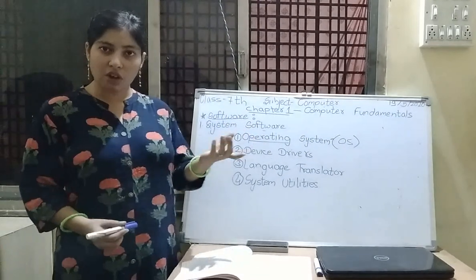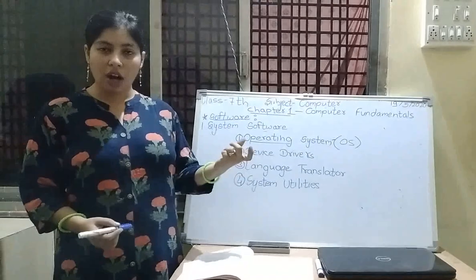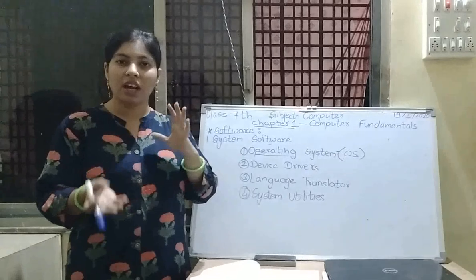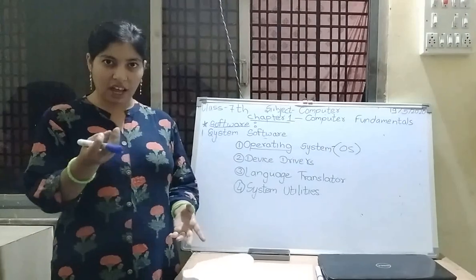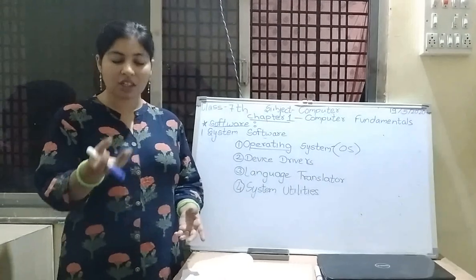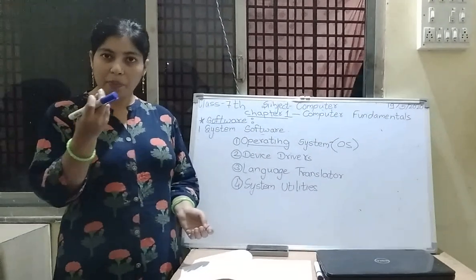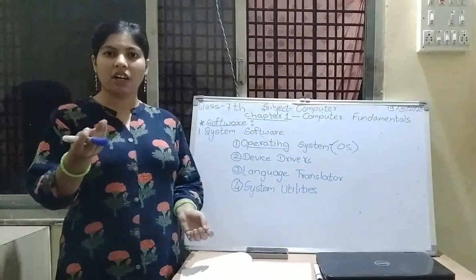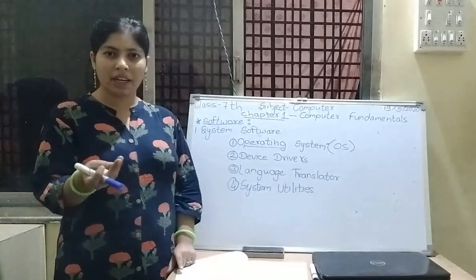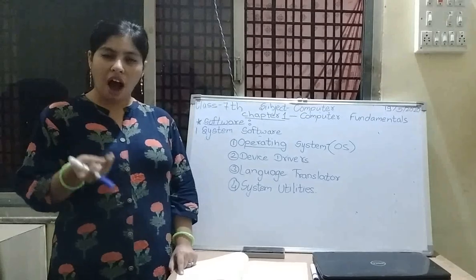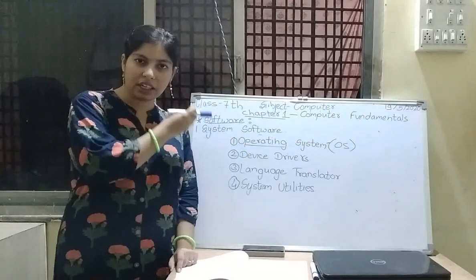If it is installed on our computer, on our machine, then only other software like small applications, Microsoft applications, paint, our QBasic programming, such different applications run on the operating system.